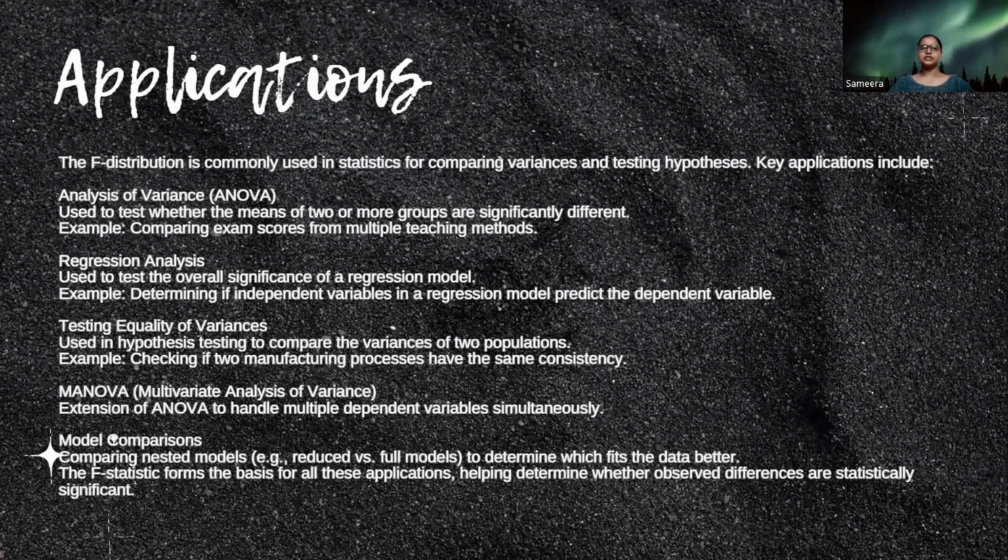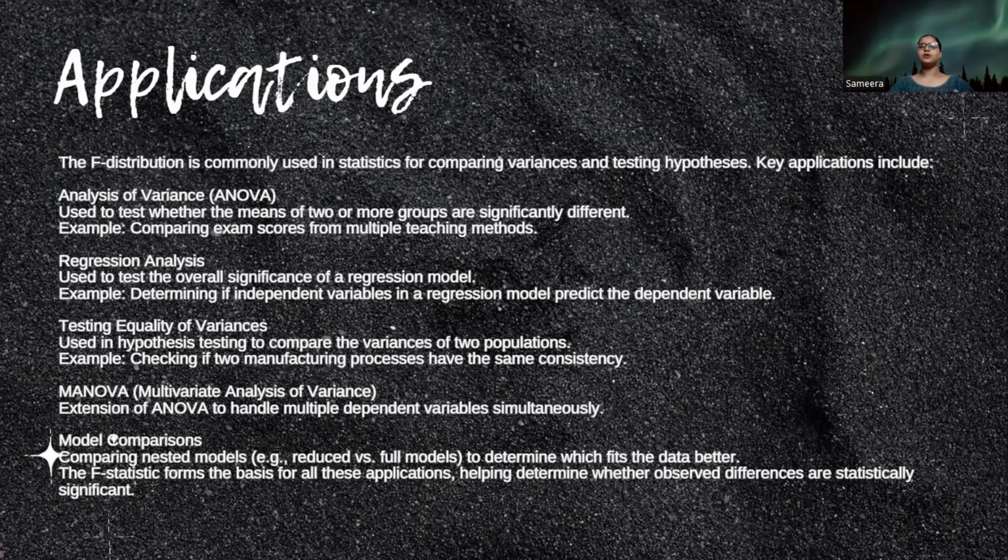It is used to test whether the means of 2 or more groups are significantly different. The example for this is comparing exam scores from multiple teaching methods. Then we have regression analysis, which is used to test the overall significance of a regression model. Example for this is determining if independent variables in a regression model predict the dependent variable.